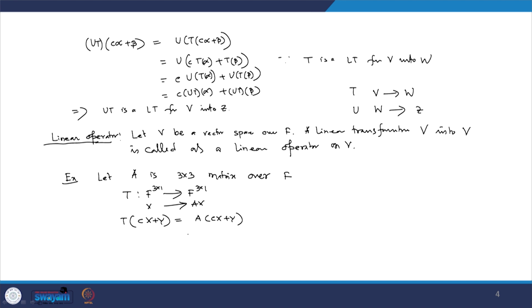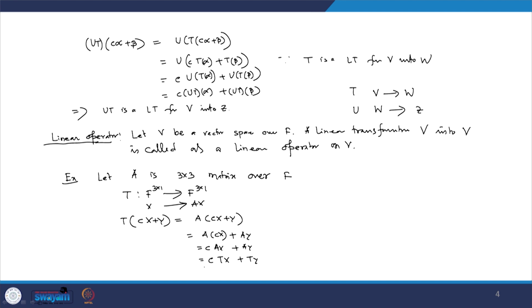This is equal to A operating on C x plus A y, which is equal to C times A x plus A y, because C is a constant. So, this is equal to C times T x plus T y. This implies T is a linear operator on F 3 cross 1.